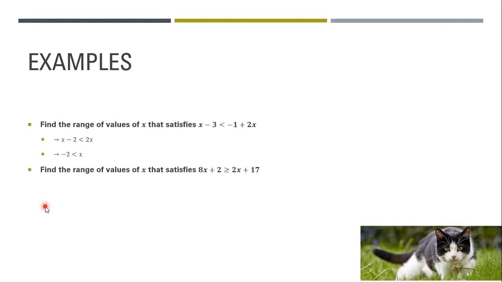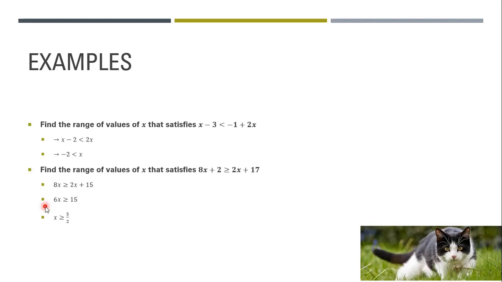Next example, find the range of values of x that satisfies 8x plus 2 is more than or equal to 2x plus 17. So if we add minus 2 on both sides, 8x is more than or equal to 2x plus 15. Then you can take 2x from both sides and get 6x is more than or equal to 15.